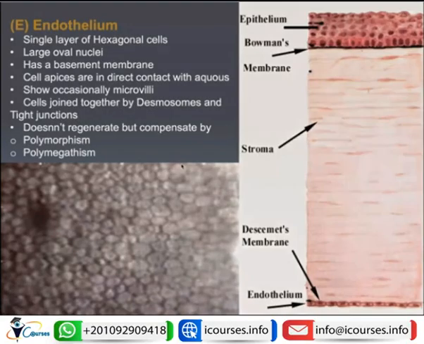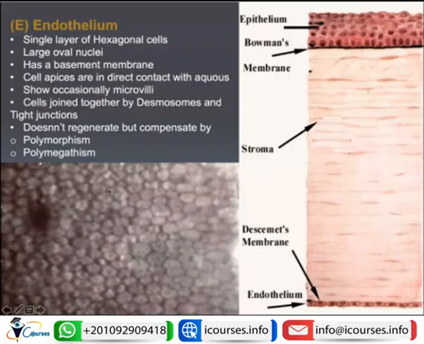The cells of the endothelium are joined together by the desmosomes and tight junctions, to maintain tight adhesions between the cells and to prevent the entry of aqueous from the anterior chamber into the cornea, maintaining corneal transparency. And regarding regeneration, the endothelium cannot regenerate. So there is no actual mitosis of the corneal endothelium, but it can compensate for any defect by what's called pleomorphism and polymegathism.